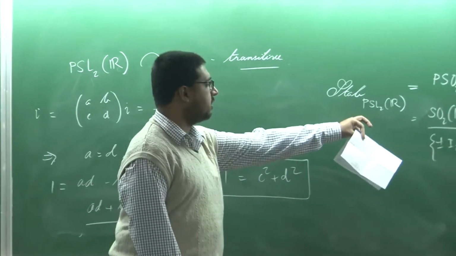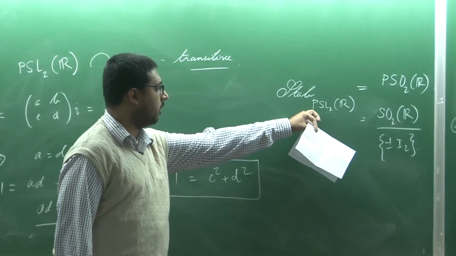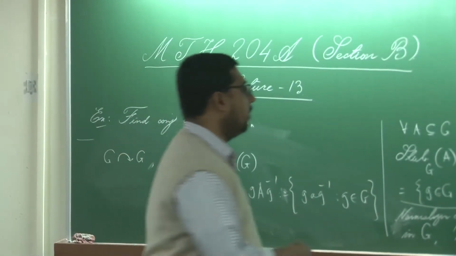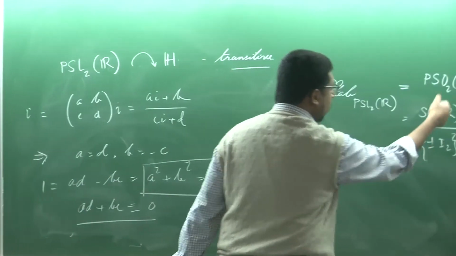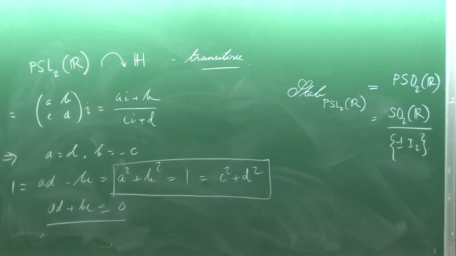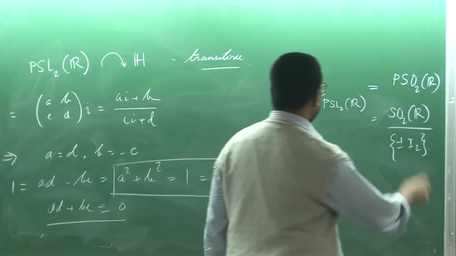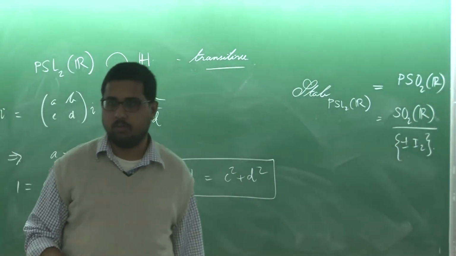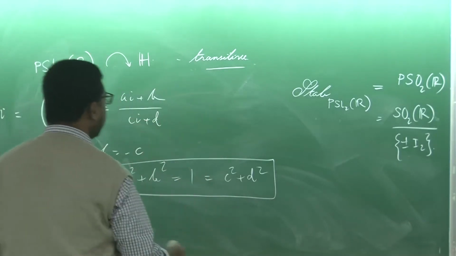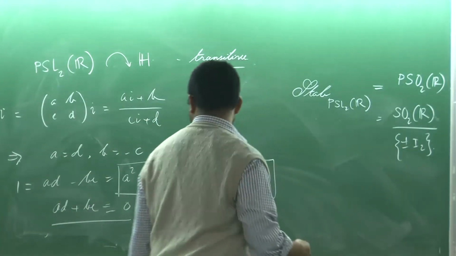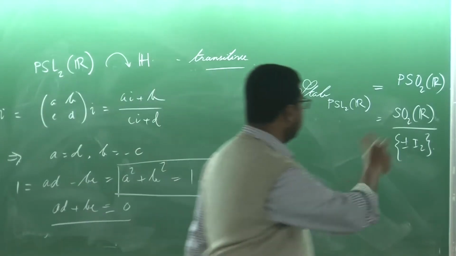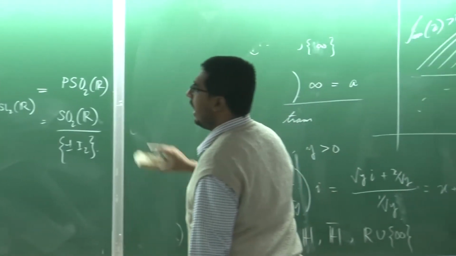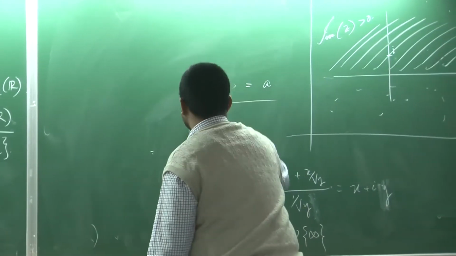If instead of PSL2R you would have considered SL2R, then the stabilizer would be just SO2. But we caution that in this action these are not going to make any effect, so it is better in a sense to remove them. So thus in this situation the action is transitive and the stabilizer is PSO2.